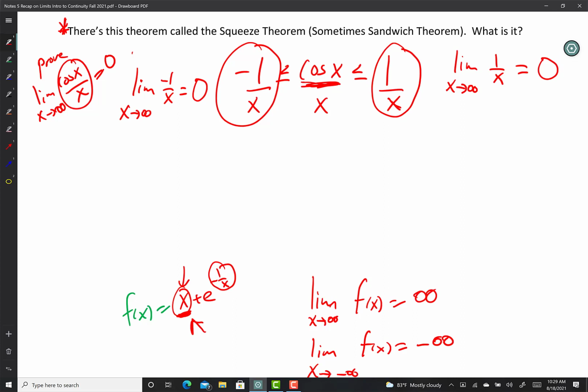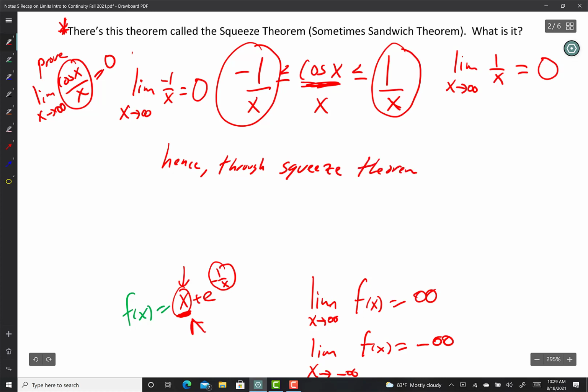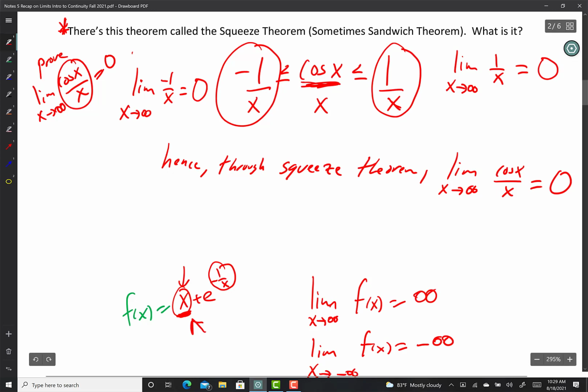I can say, hence, through squeeze theorem, which is actually what it's called, you can also call it sandwich theorem, limit as x approaches infinity of cosine x over x must be 0. Because it's 0 at both extremes. So if it's 0 at both extremes, then the middle one must be 0. Yes?